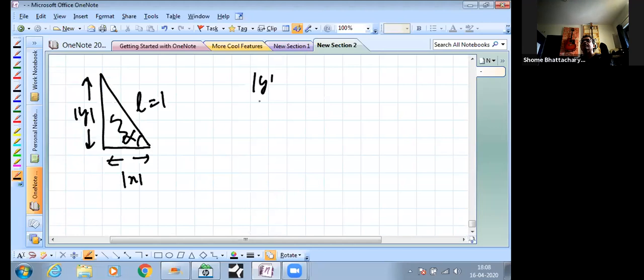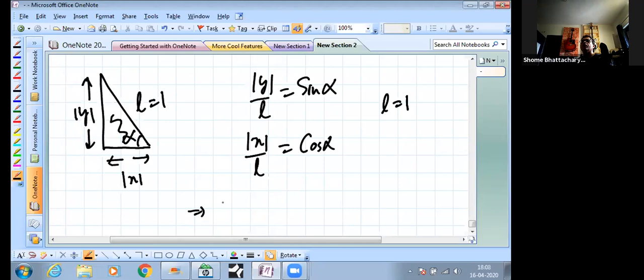Mod y by L is nothing but sine alpha. And mod x upon L is cos alpha. In both of these, remember L was unity. So mod y is sine alpha, and similarly, mod x is cos alpha.